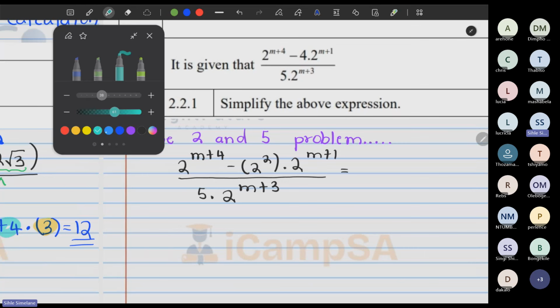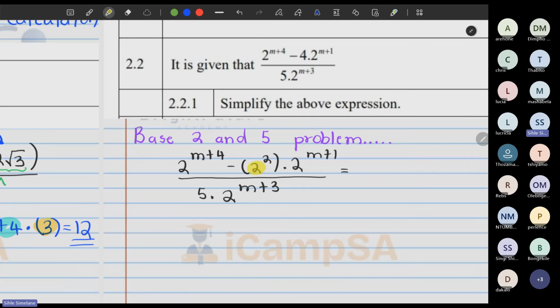So I have the same base here, yellow and yellow. What should I write as the final exponent there, guys? m plus 4 minus 2 to the what? Then divided by 5 times 2 to the m plus 3. What should be in that box? m plus 3.